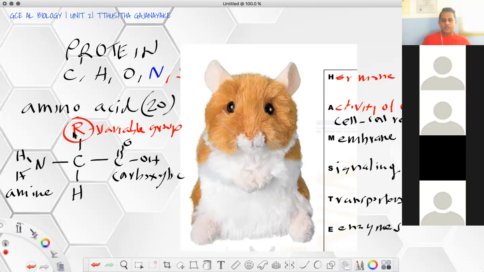Only this R group is different. So this is the structure of an amino acid. It has a central carbon, an amine group, a carboxylic group, and hydrogen. The R is different from one amino acid to another, and we have 20 different amino acids.